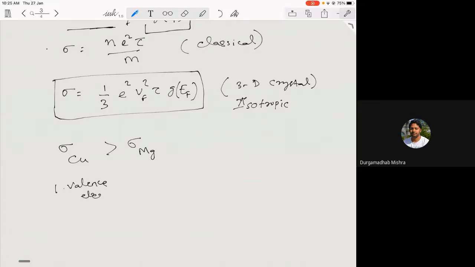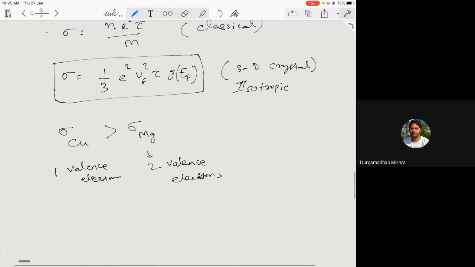If we assume just a simple classical picture, copper has one valence electron and magnesium has two, and assuming the scattering is similar, we would expect magnesium to have higher conductivity because it contributes two electrons per atom. That means the concentration should be high.